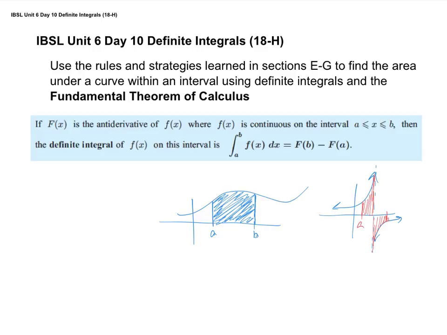We have no idea, all right? So we can't do that. We can't do that if it's not continuous. Has to be continuous. That means, too, it has to be defined on either side. It has to be defined at both of those values as well. Okay?